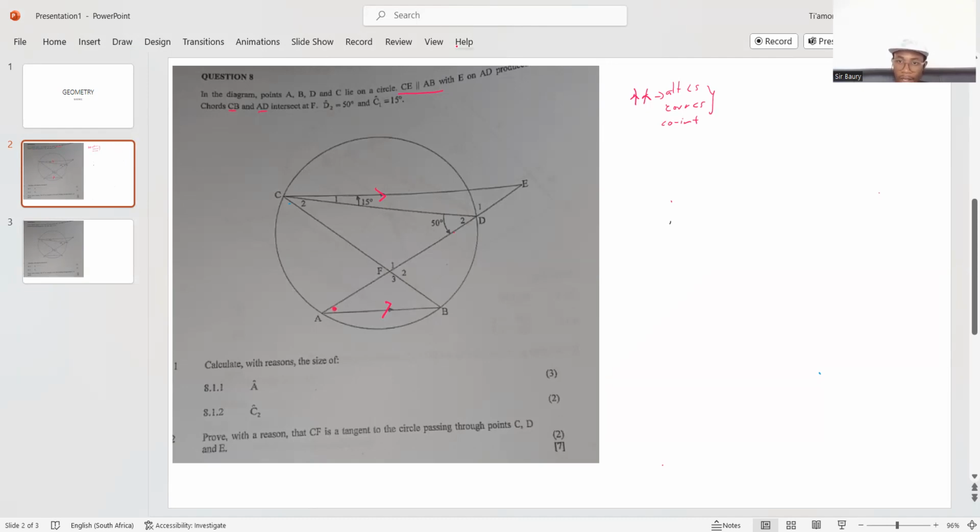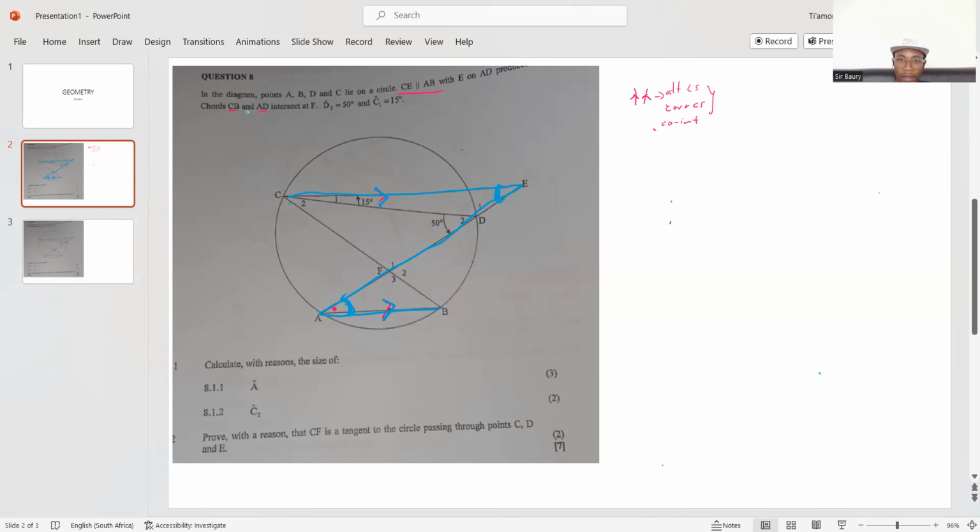Okay, so like I said, you must look for these sort of angles if you have parallel lines. So if I'm going to look at this here, I have A. This angle is going to be equal to this one here, right?